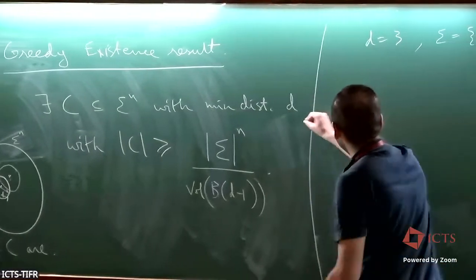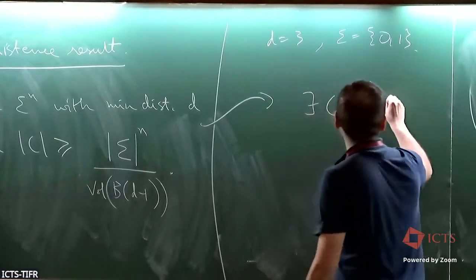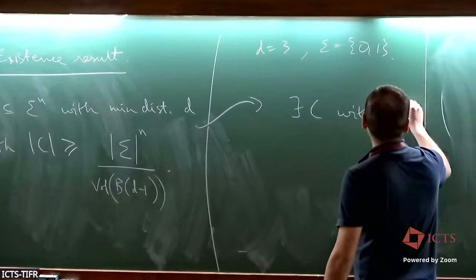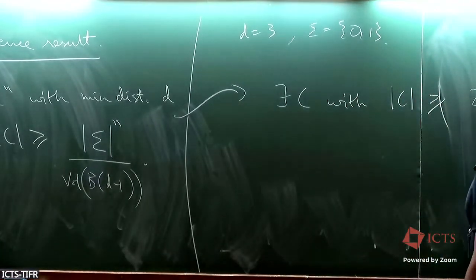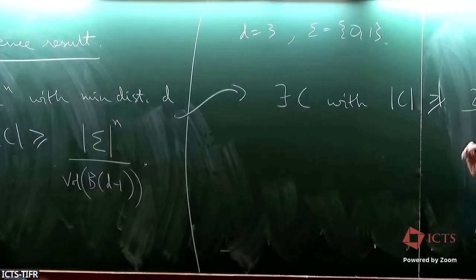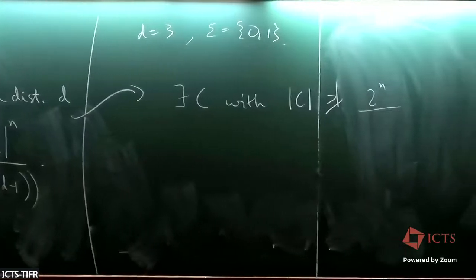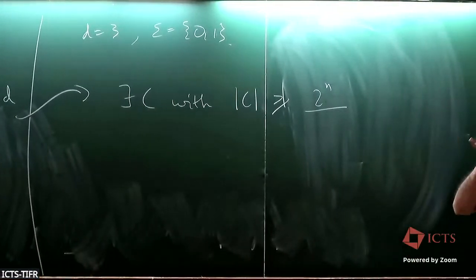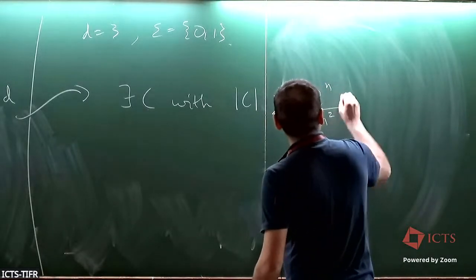Then this says that there exist codes with size of C at least 2 to the n over the volume of the ball of radius 2. What's the volume of the ball of radius 2? N choose 0 plus n choose 1 plus n choose 2. And that's about n squared. This is theta of n squared.